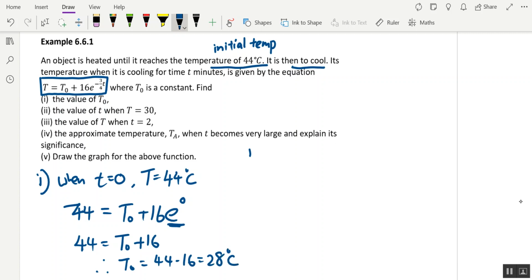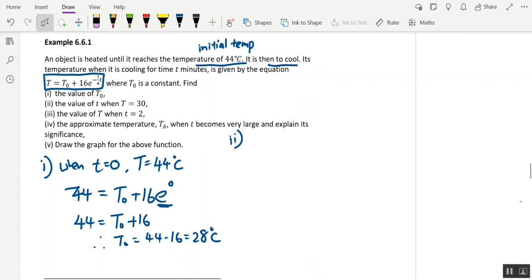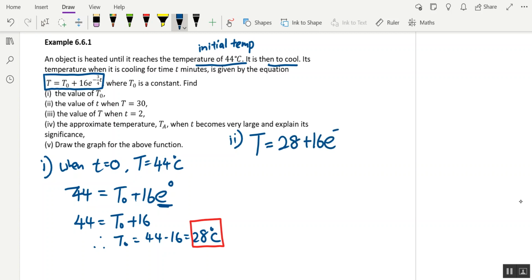So part 2 and part 3 are standard questions. That means they will ask you to sub in a value and then find the other value. Find the value of small t when big T is equals to 30. When you already have your T naught, which in this case is 28 degrees Celsius, you must use it. Big T equals to 28 plus 16 e to the power of negative 3 over 4 small t.